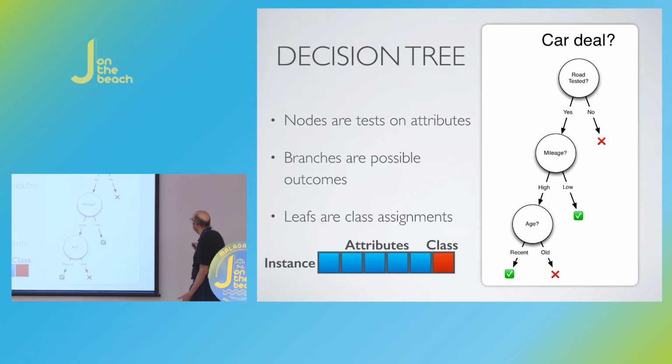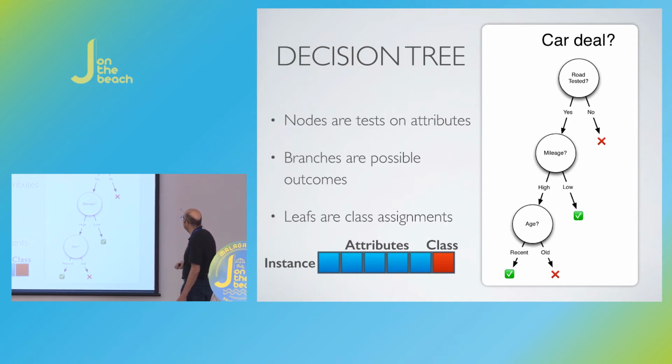The decision tree says the first node is road tested. If yes, we continue and look at the second attribute, mileage. If it's high, we continue, and then depending on whether the age is recent or old, we decide whether to make the deal or not. If we go to low, in that case it is yes, but if it was not tested, the decision is no. So you see, it's very easy to interpret and to see how the decisions are made.